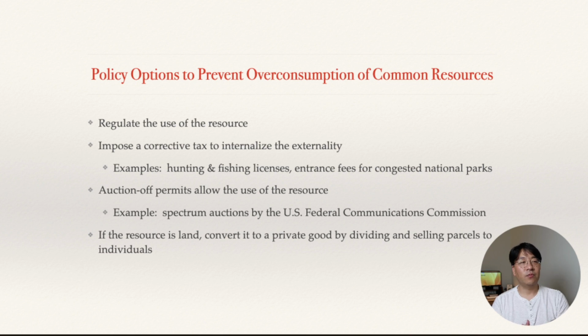Impose a corrective tax to internalize the externality. Under certain cases, hunting and fishing licenses: in the US there is a certain hunting season for deer, and to go fishing you need to buy a license to participate in fishing activities.